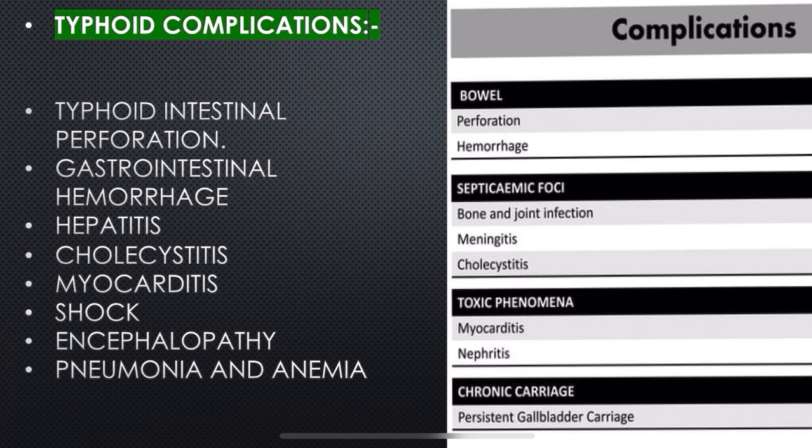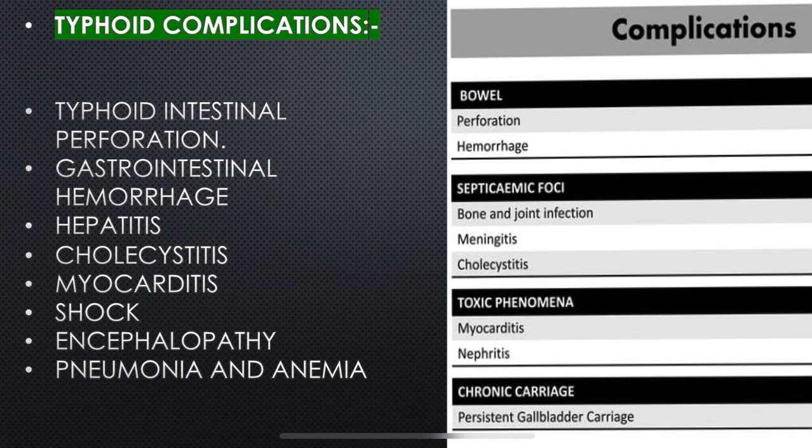Okay, crossing through the bloodstream, it can affect the brain, causing brain inflammation, which leads to confusion, delirium, seizures, etc. Okay, then it can also lead to septicemia, shock. We have encephalopathy, pneumonia, anemia.